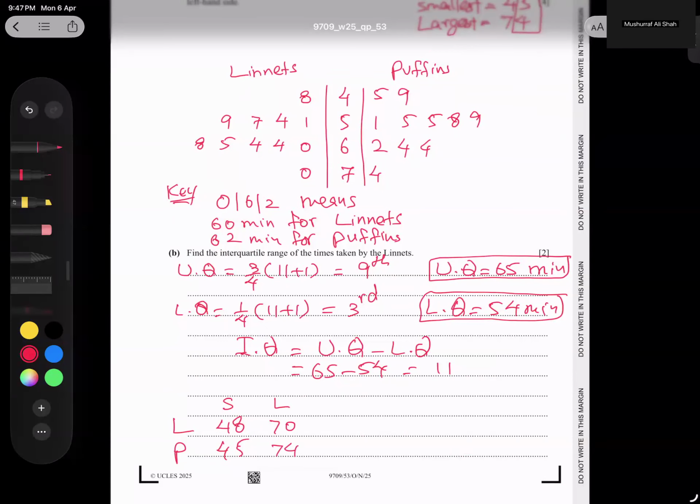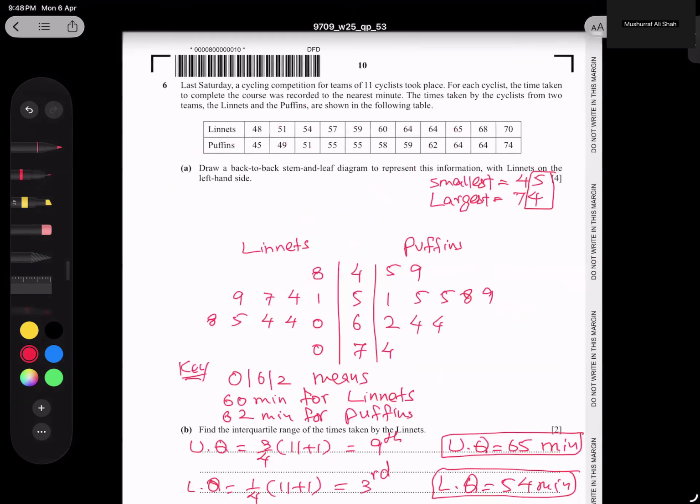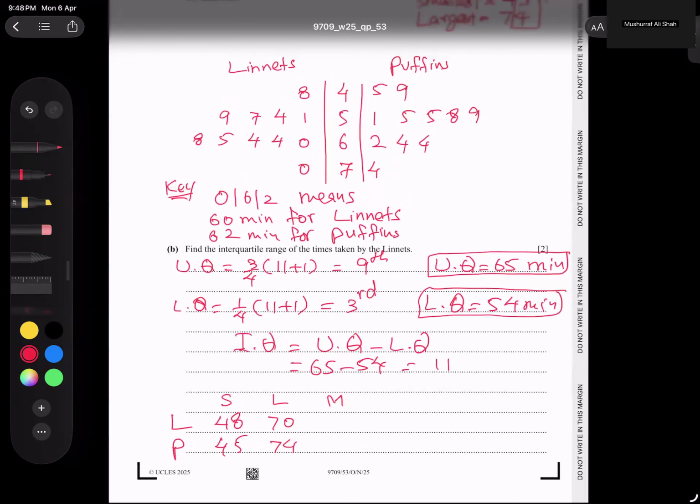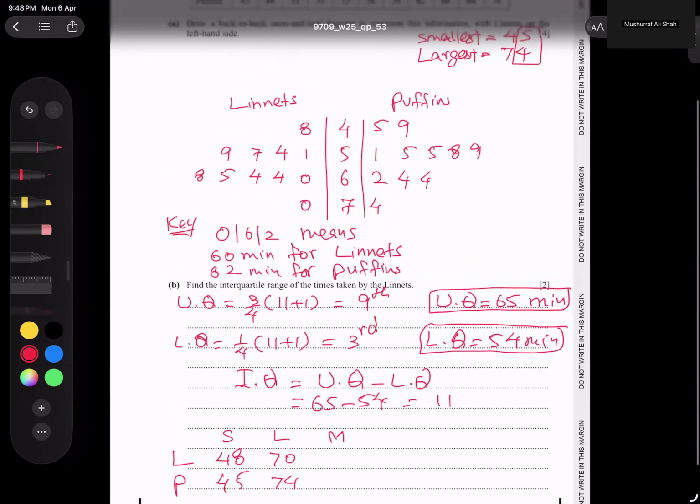Now I'm going for the median. Median is not given, but we can find the median now. What is the median for both? It is 1/2 into 11 plus 1. So we got the sixth place for both.